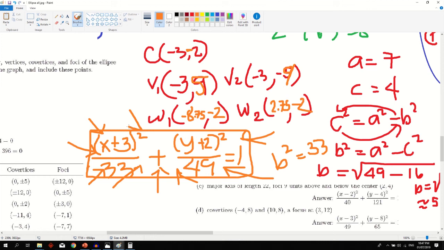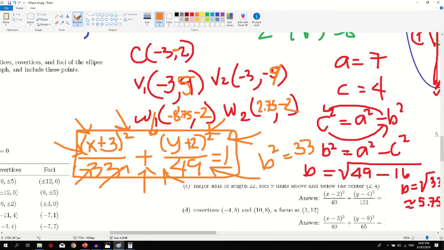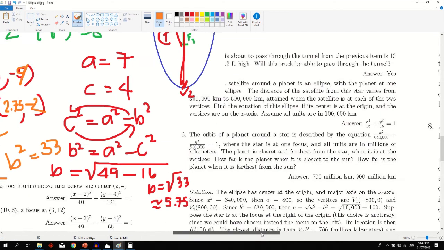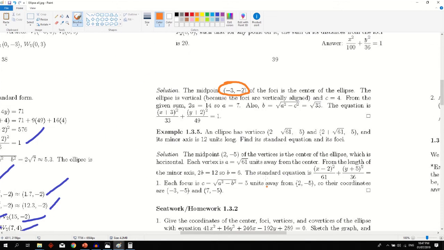So like here, I also learned from my mistake. You also learn from your mistakes. Okay, so this is the correct answer, and I hope all of you got the correct answer.